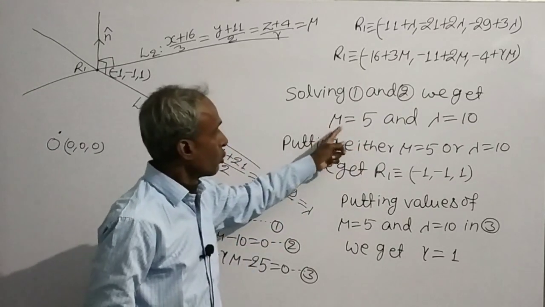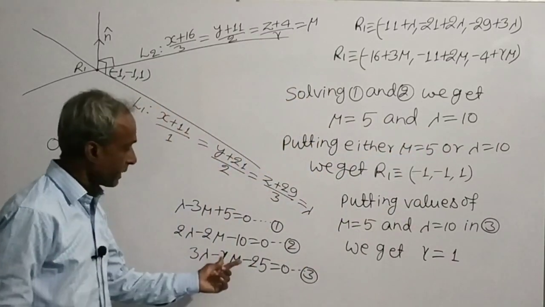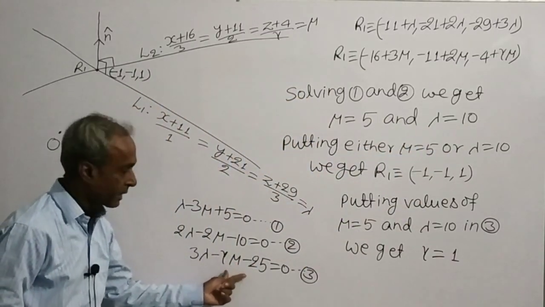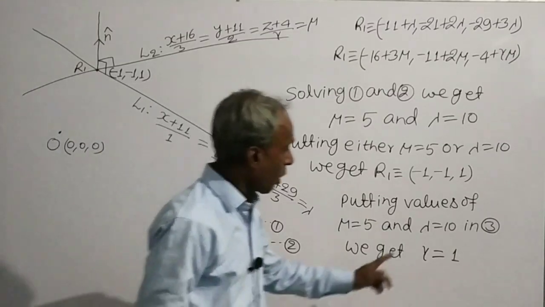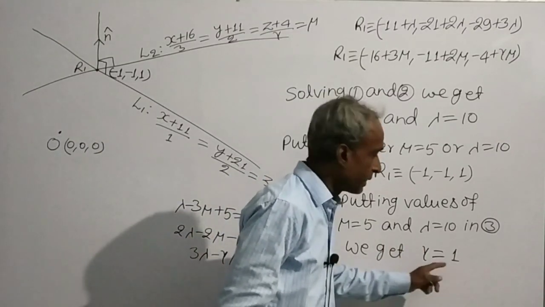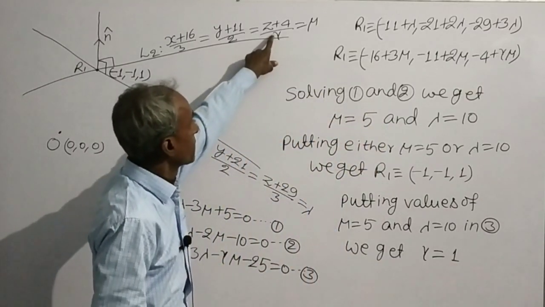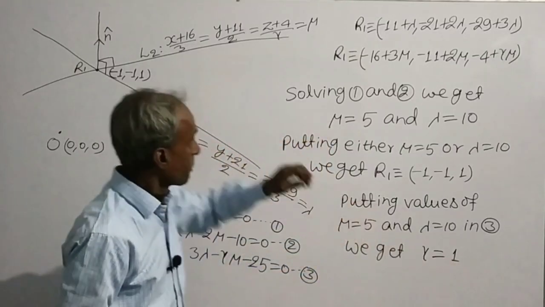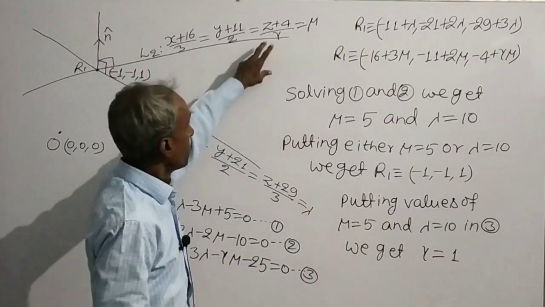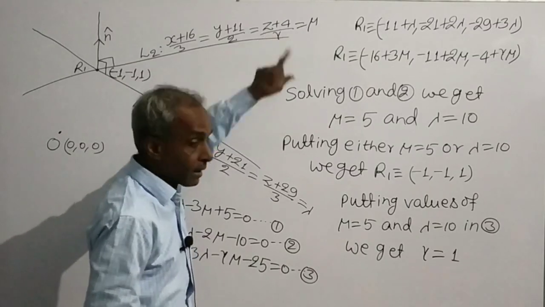Putting mu equal to 5 and lambda equal to 10 in equation number 3, we get the value of gamma equal to 1. That means the value of this gamma will be equal to 1. Therefore, now we will erase this gamma from here and write 1.